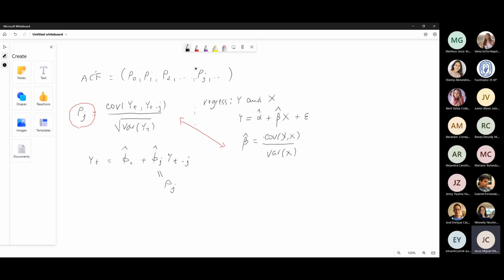Is it true or not that if you run this regression, the coefficient of this guy, Y_{t-J}, is just the correlation of order J? This happens for every J greater than or equal to 1.